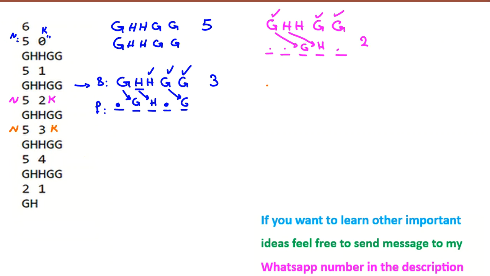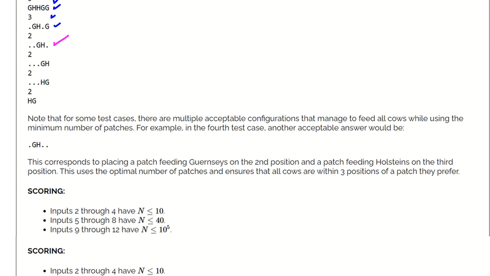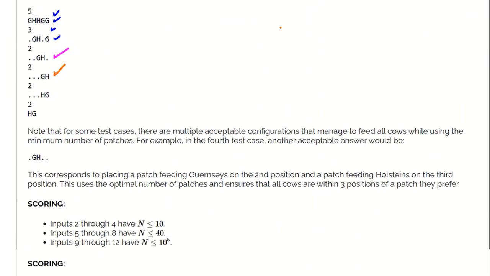GHHGG. K is 3. 1, 2, 3, 4, 5. This G, 1, 2, 3. You can place it here. And this H, you can place it here, and it will be okay. They cover all of them, so the output will be 2. So 2 and GH like this.